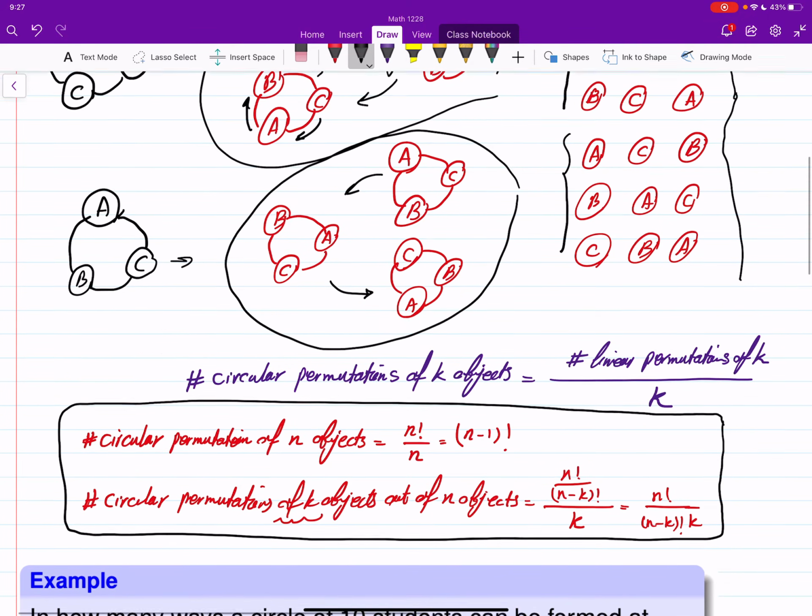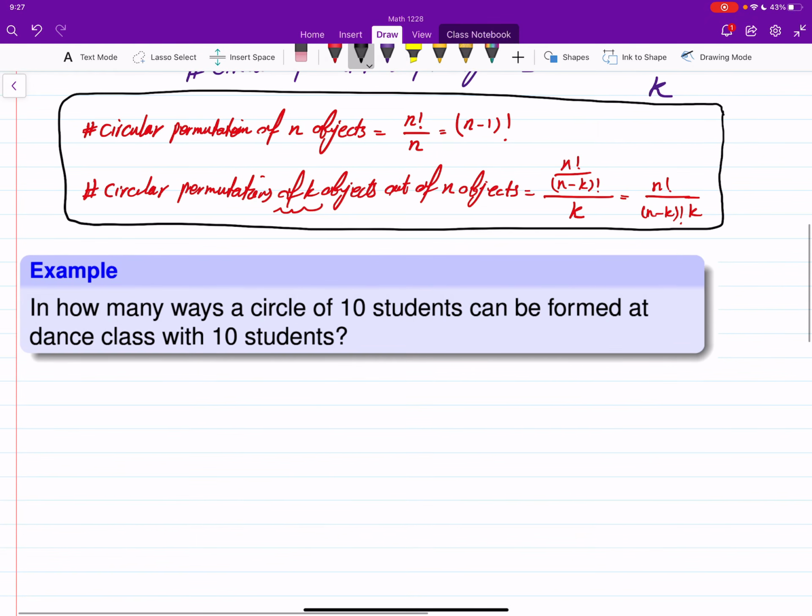Let's do some examples. In how many ways can a circle of 10 students be formed at a dance class with 10 students? So you have a circular dance, and you want to put 10 students on the circle.